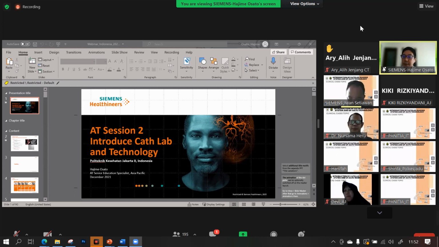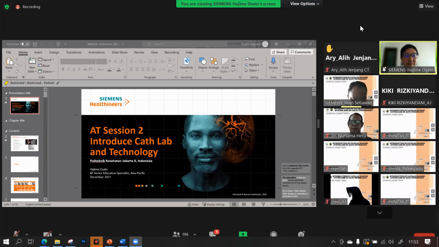The second question is regarding the frame rate, Hajime-san. Normally for the adult coronary procedure, we use 15 frames per second. Sometimes for the cardiac case, the doctor asks to reduce the frame rate to 10 frames per second.